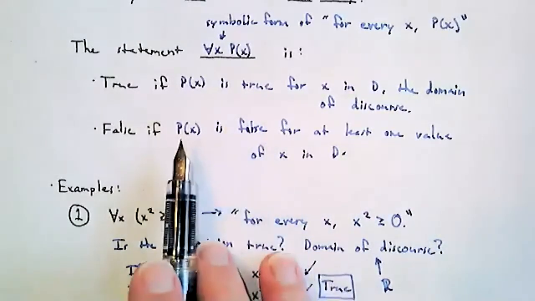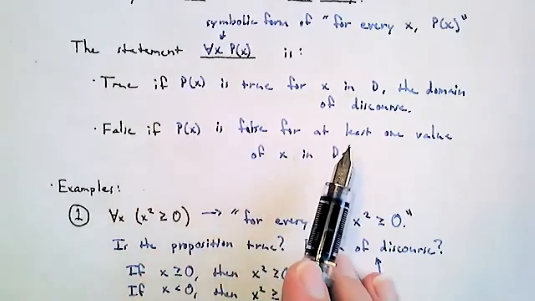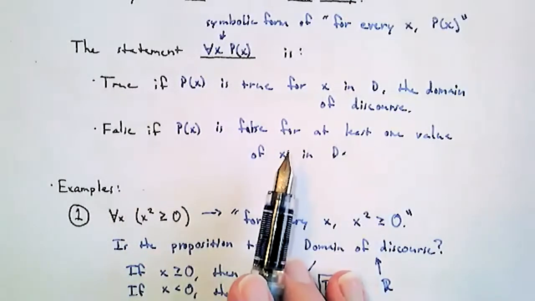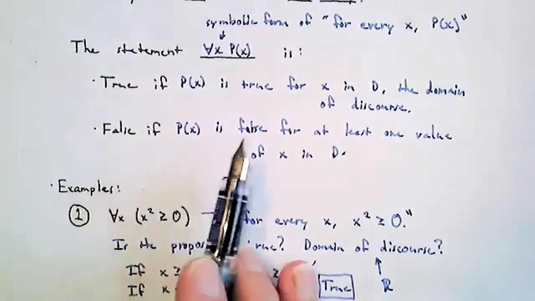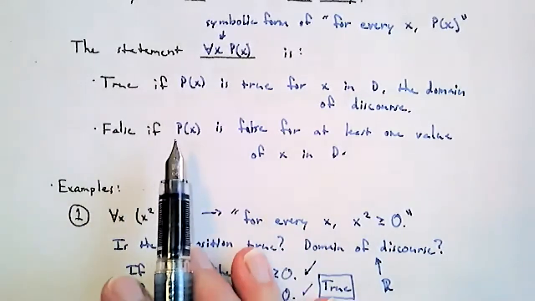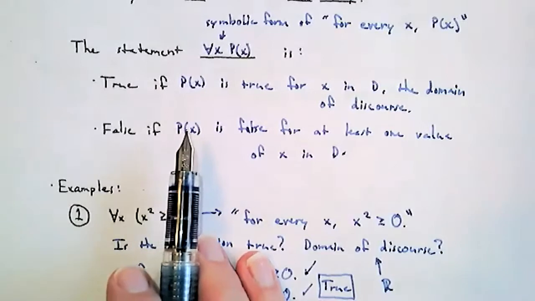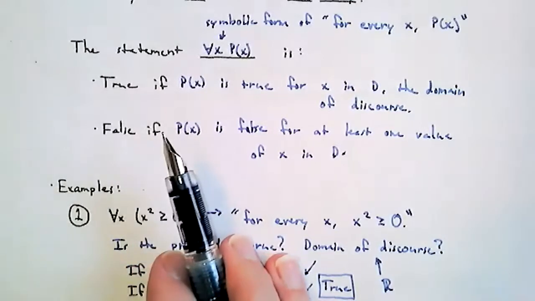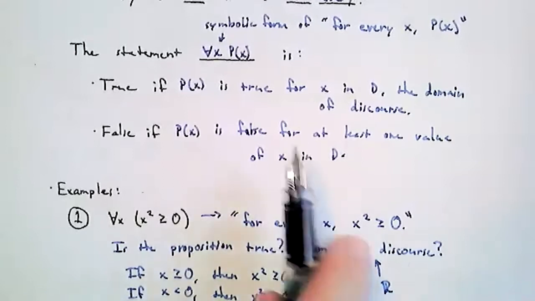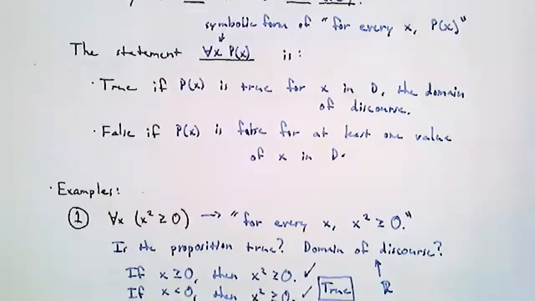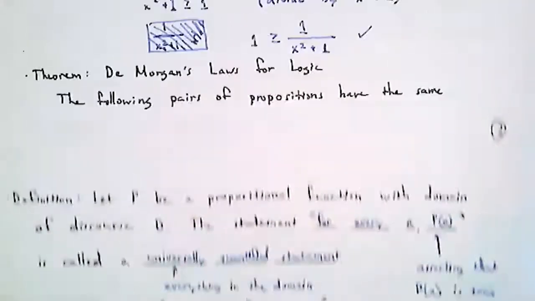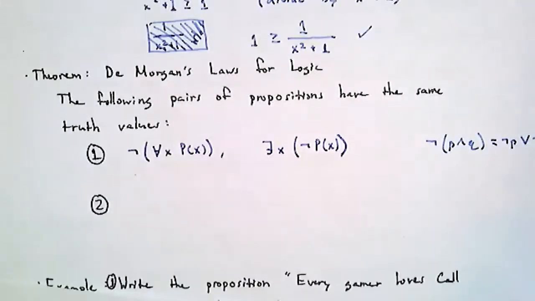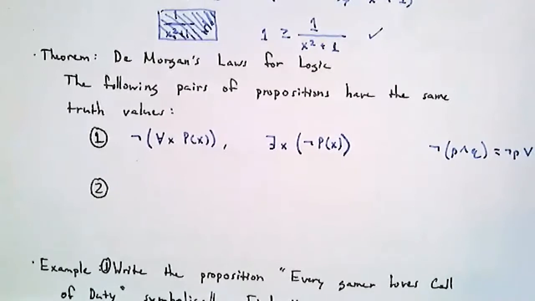So another way of saying that is to say that there exists a value of x where not p is true. So just rearranging the sentence a little bit. And that's how we get this first law here.